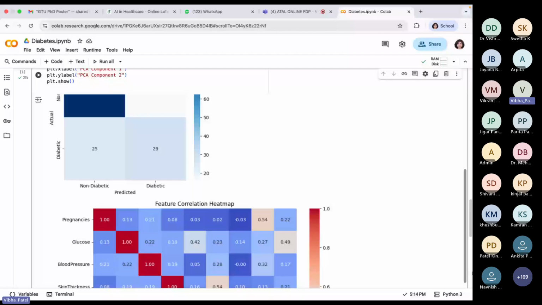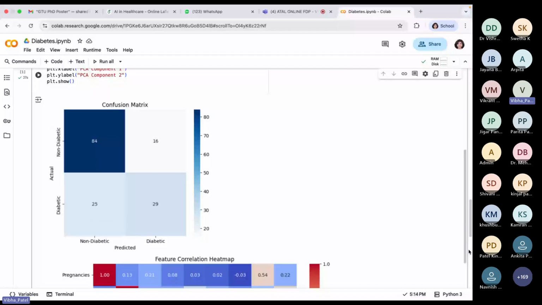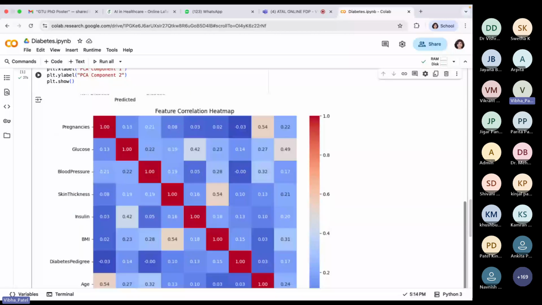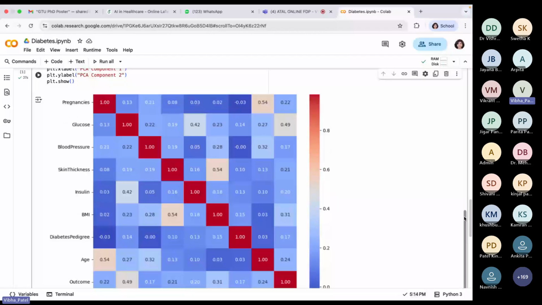This is a confusion matrix which is showing how many true positive, true negative, false positive, false negative. The heat map that has been generated shows the relevance of each and every parameter that has been used. So this is basically saying that other than glucose, none of them is having a higher value.